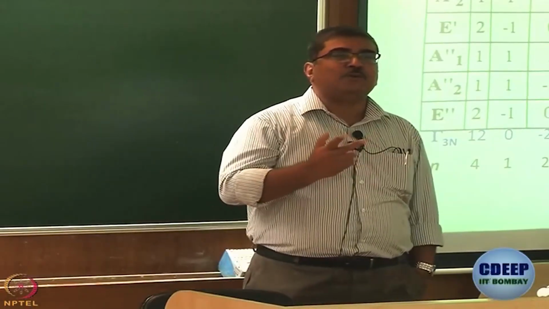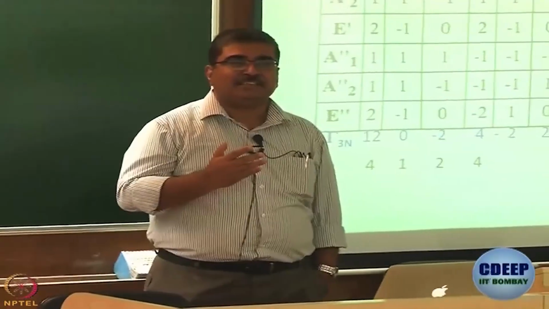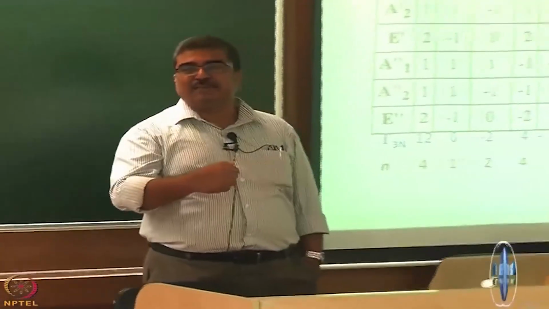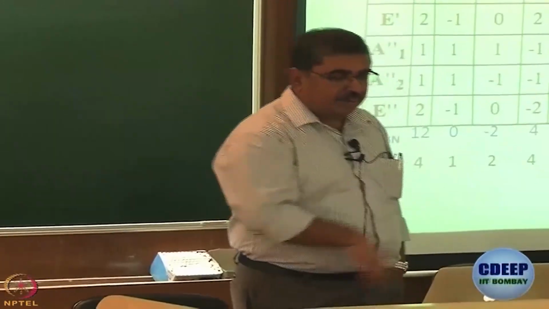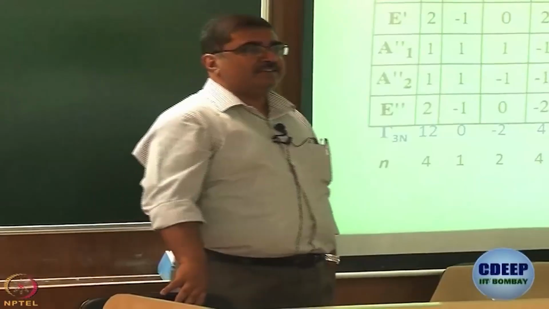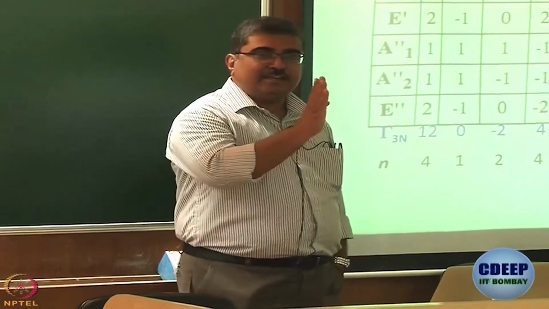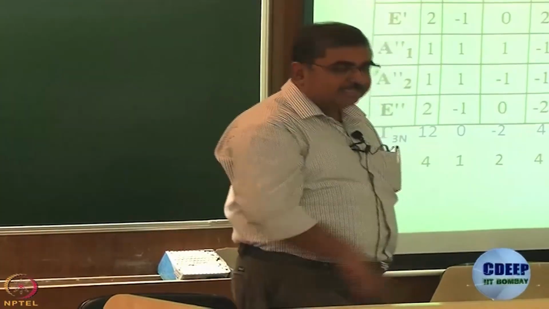I have got 2 answers, 4 and 1. Which one is correct? Or is there any other answer? 1? Sure. Only the central atom remains in its place. All other atoms change place, like C3. What about sigma v? 2, right? The 2 atoms that are in the plane, like C2. So, this is n.